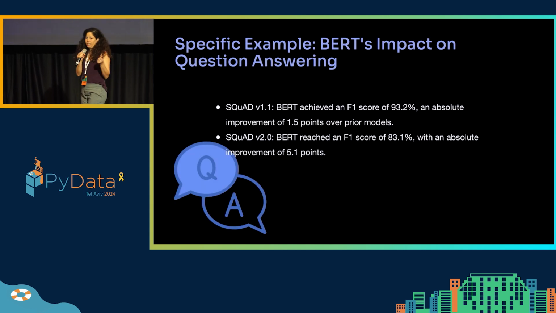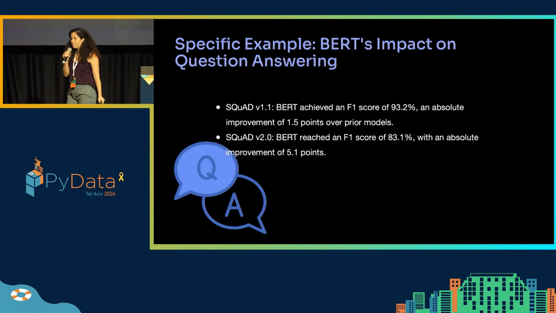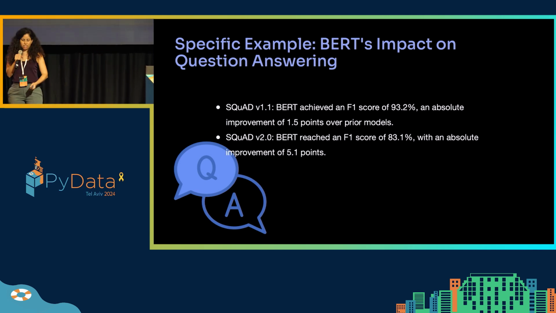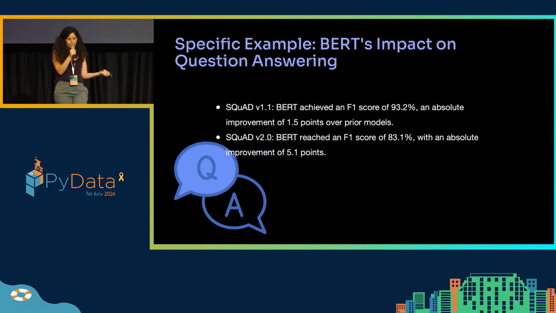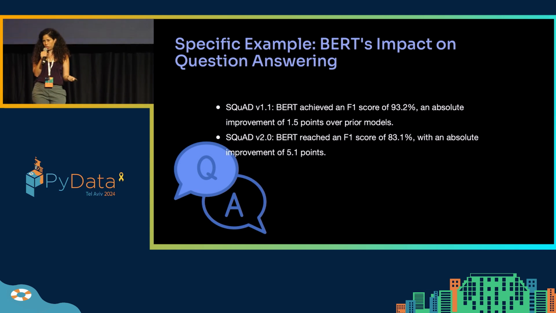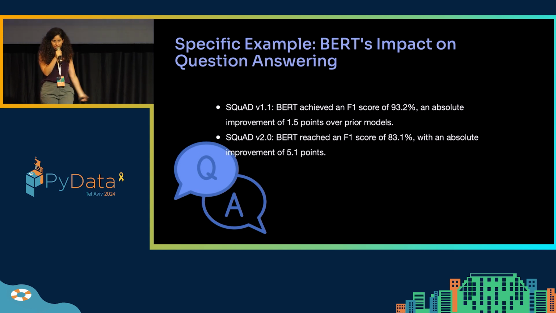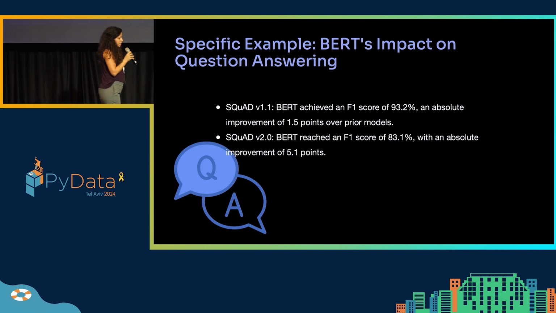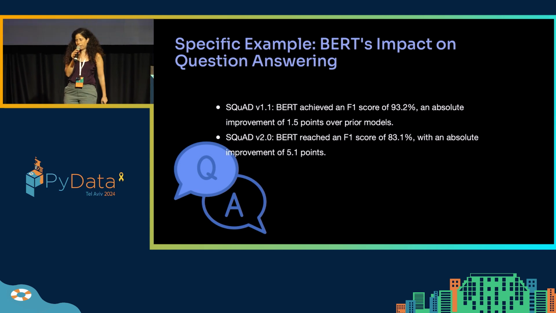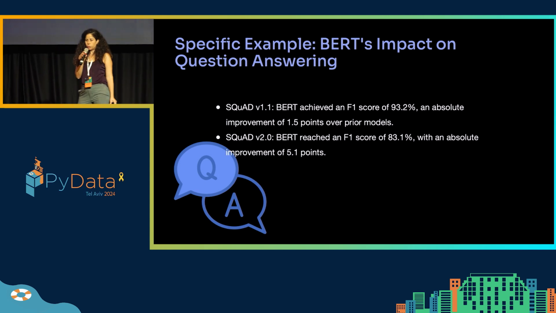Let's take a specific example, because we like numbers. There is the Stanford QA dataset. This is a benchmark in the QA task. When BERT, one of the pre-trained models, came in, it just beat the field with this paradigm of pre-training and fine-tuning, improving 1.5 points in SQuAD 1.1 and 5.1 points in SQuAD 2.0.